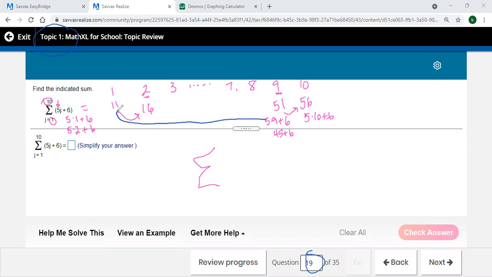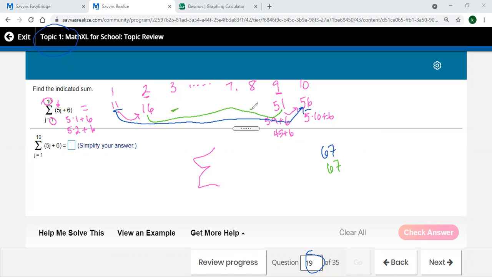If you look at the first one and you add it to the last one, so the 11 and the 56 here, that's 67. If you look at the 2 right before that, or inside of that, the 16 and the 51, that would be 67. Guess what?